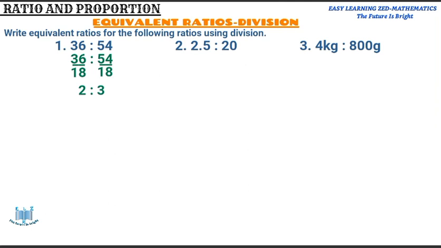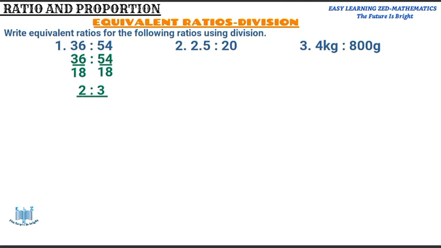The equivalent ratio of 36 to 54 is 2 to 3.